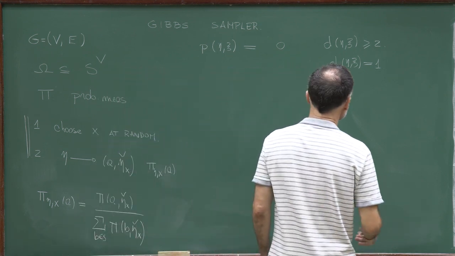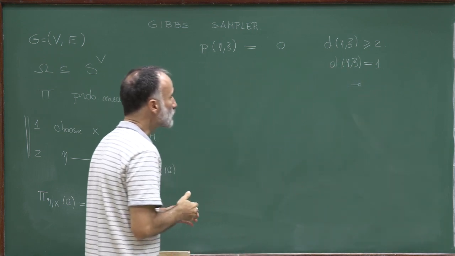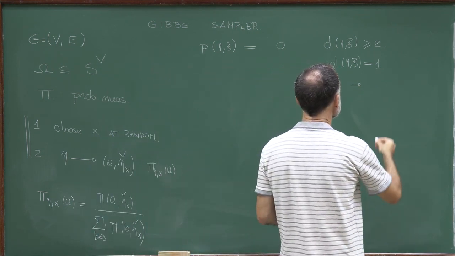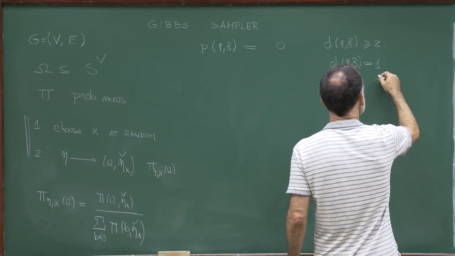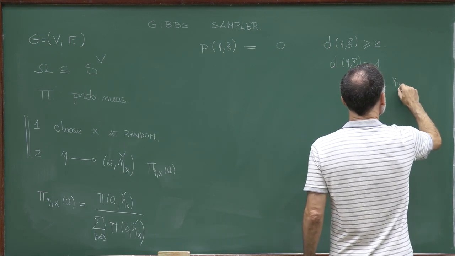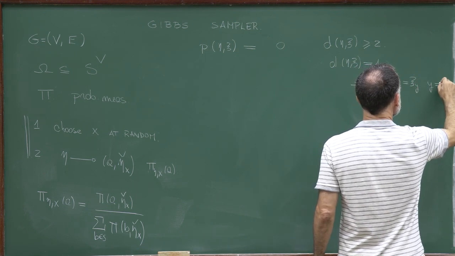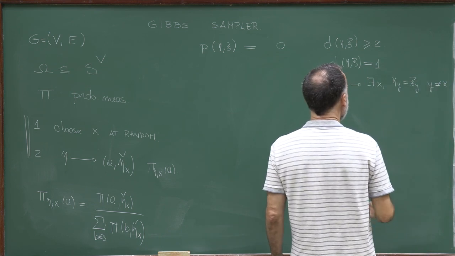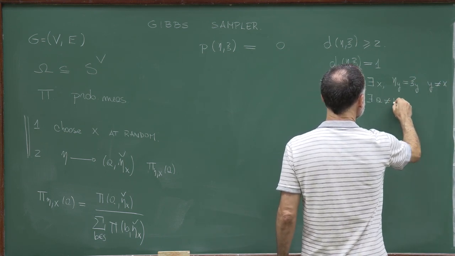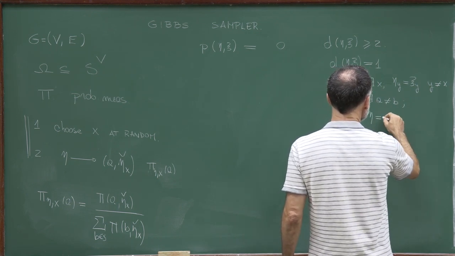So that means that eta and xi are equal on all configurations but at 1 point. So this means that there exists x such that eta y is equal to xi y for all y different from x. And there exists a different from b such that eta x is equal to a.